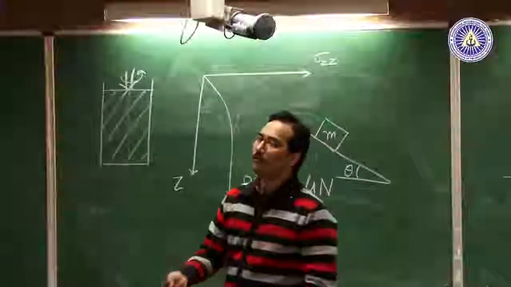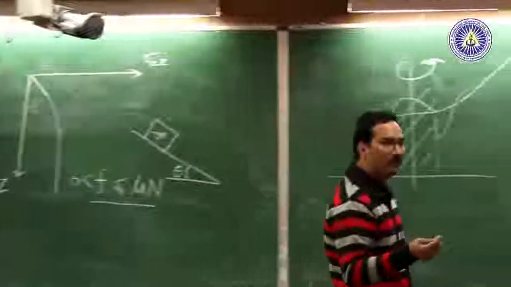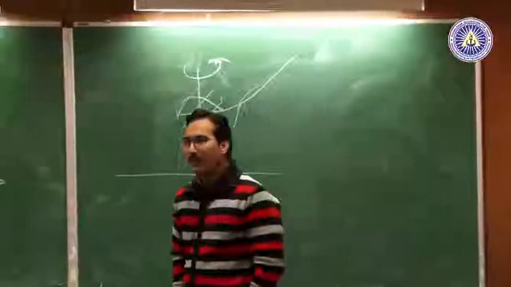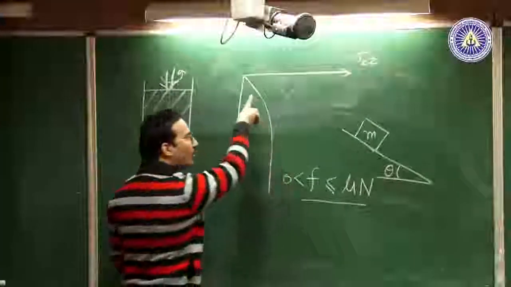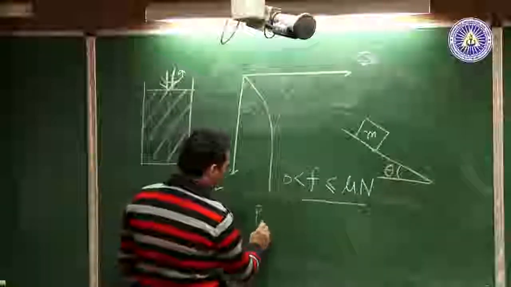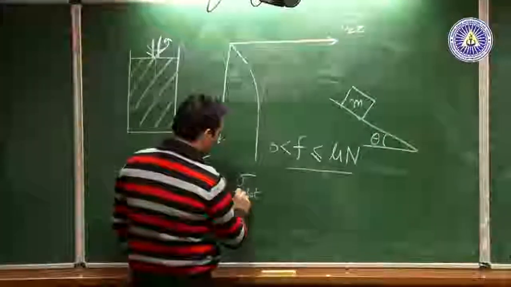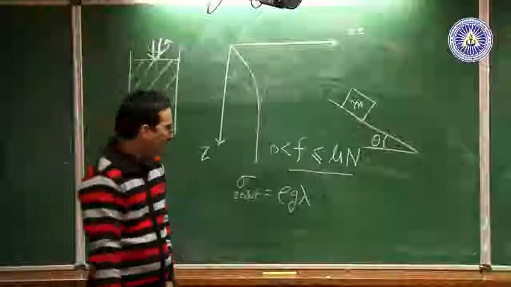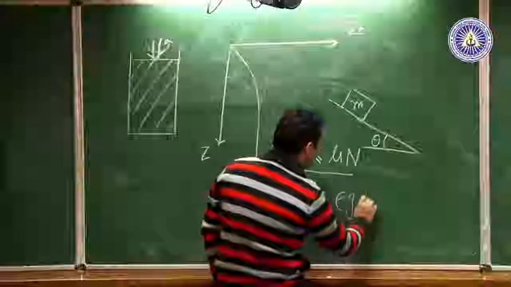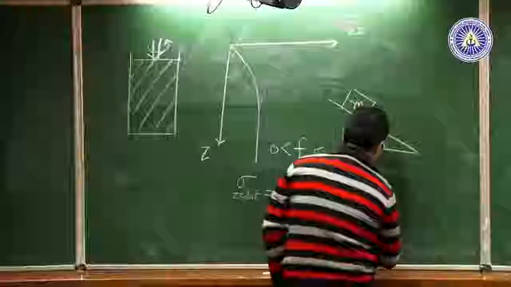We also have this information which says that your pressure is also independent of head, and so there should be an obvious connection that you can make. Can somebody tell me what that would be? So your pressure here is not rho g h, right? The saturated pressure, or sigma zz, is rho g times lambda, and this lambda was basically diameter divided by some numbers which are order 1 numbers.